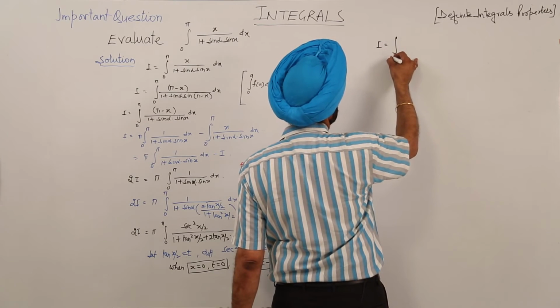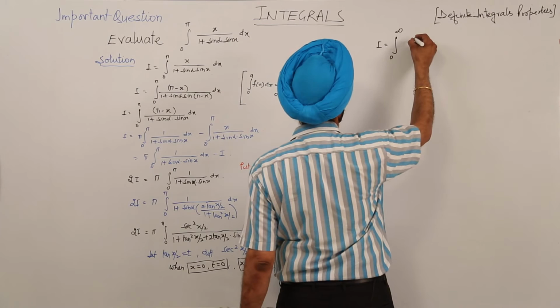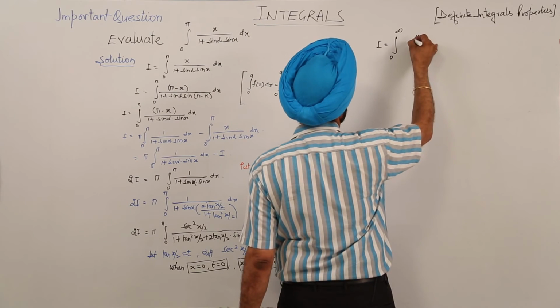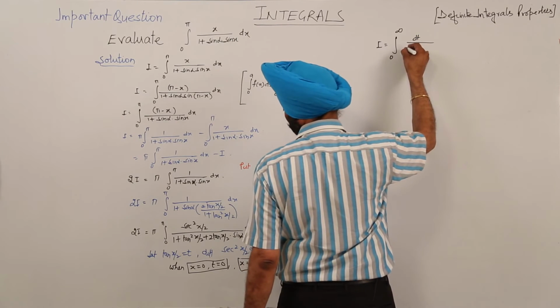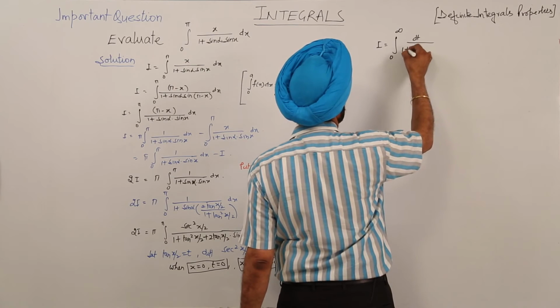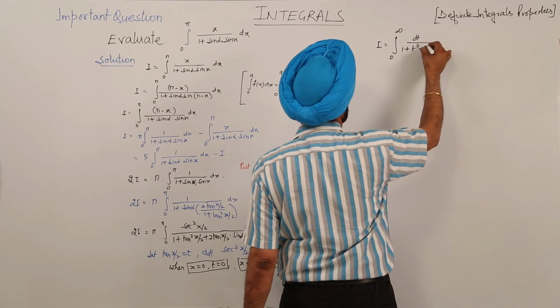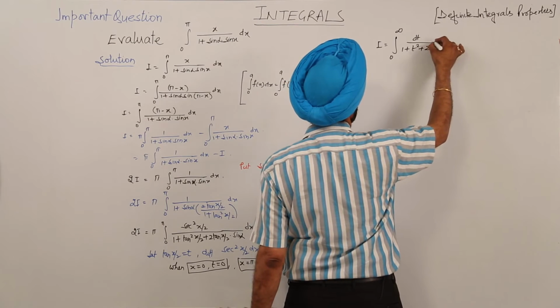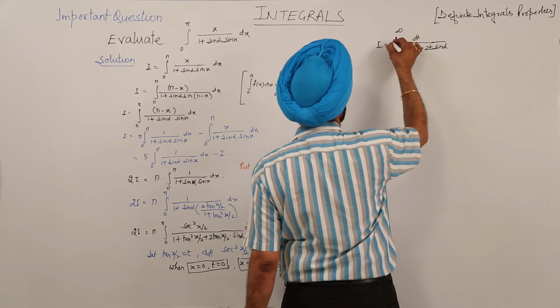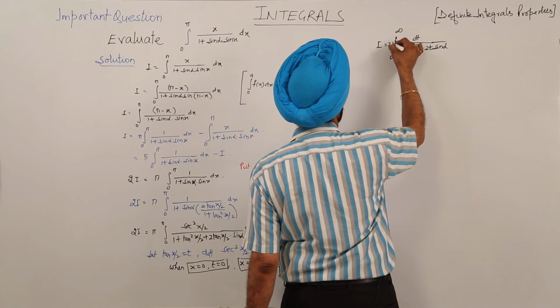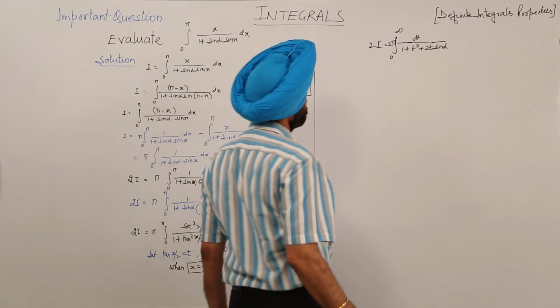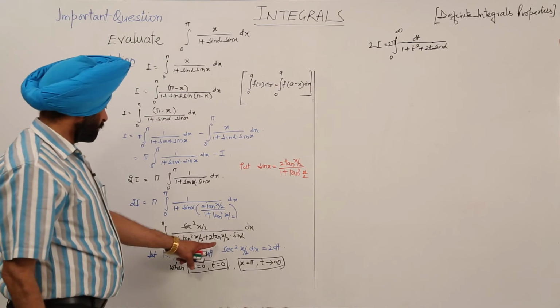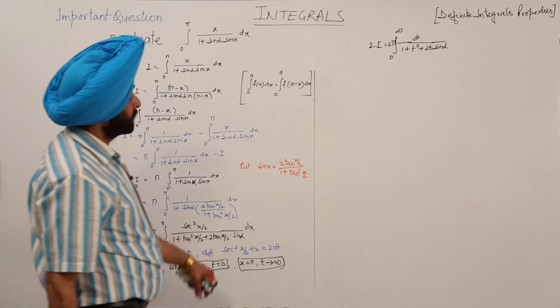integration of 0 to infinity dt upon 1 plus t square plus 2t sin alpha. With 2I, okay, 2t sin alpha.